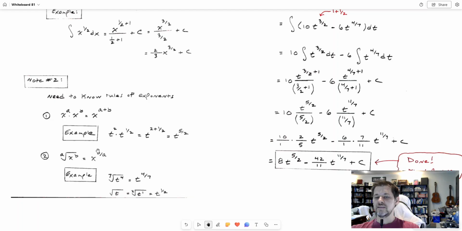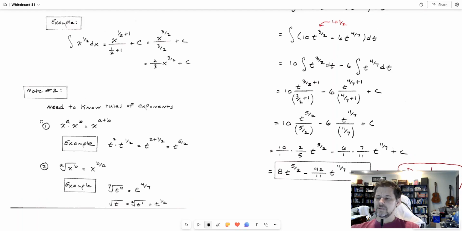And then this second rule that I have here for exponents states the equivalence between roots and fractional exponents. It says the a-th root of x to the b power could be seen as the same thing as x to the power b over a. So, for example, I'm going to connect some dots here.